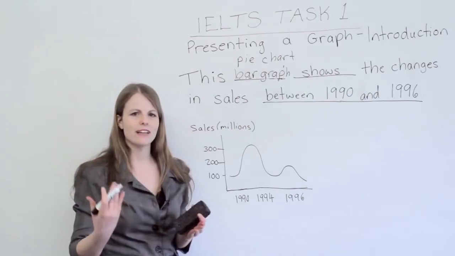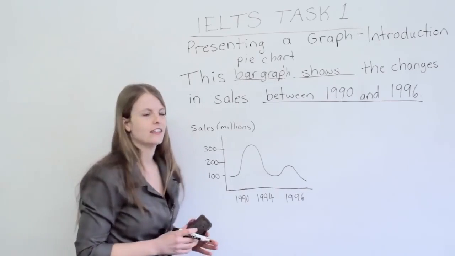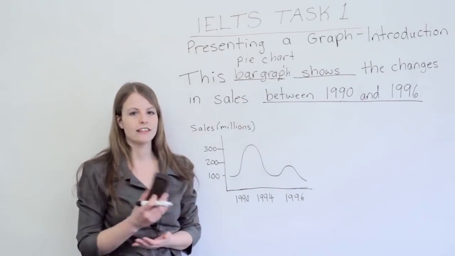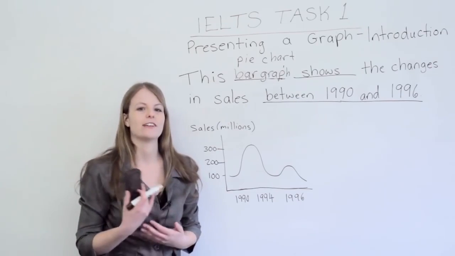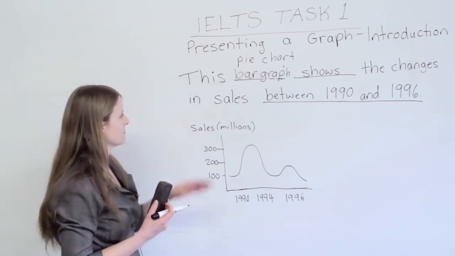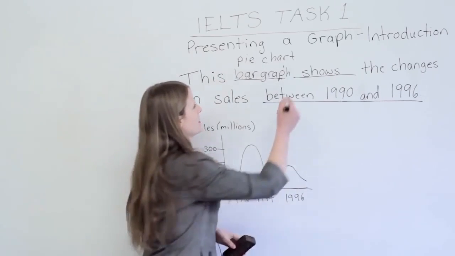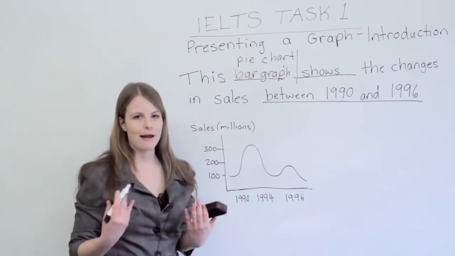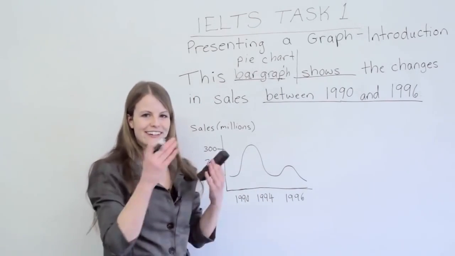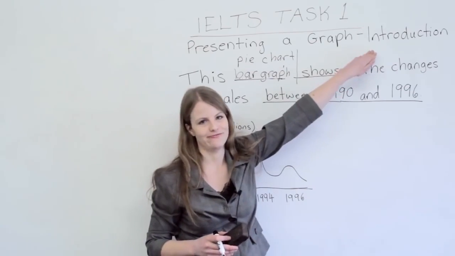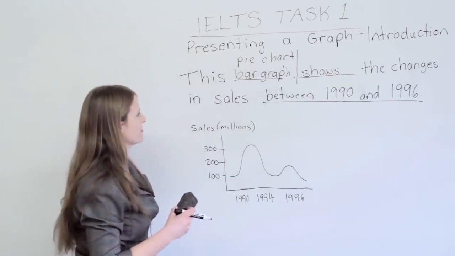Whatever image you get, you can use this plus the type of chart it is, or the type of figure it is, if it's a table, if it's a flow chart, if it's a diagram. So this diagram, this pie chart, this bar graph. This is almost like a mathematical formula. Just imagine this plus this plus this plus this equals your introduction, your first sentence in your introduction.